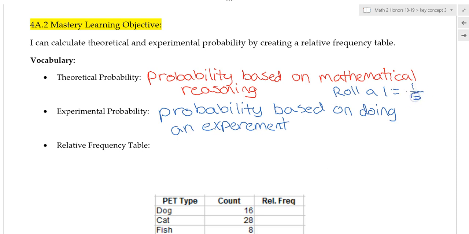For experimental, if I actually roll a die 10 times, then I get a 1 twice. That probability is 2 out of 10, which is 1 out of 5. So those probabilities are different. Theoretical and experimental.